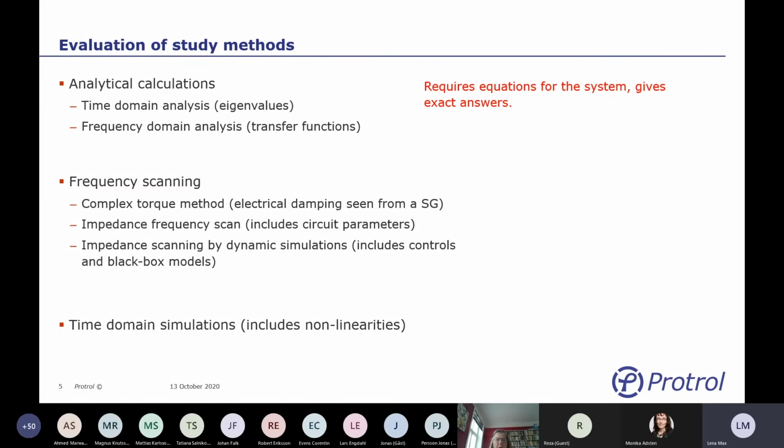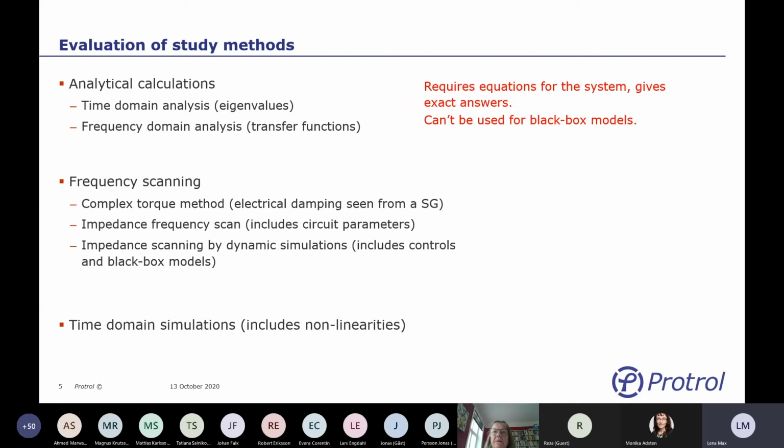The drawback is that we need the equations, and if the system grows a bit larger, the equations quickly become quite complex. Another possible drawback is that models of, for example, converters are often given by the manufacturer as a black box model, and then the controls are not known, and analytical calculations can't be performed since we don't have the equations for it.